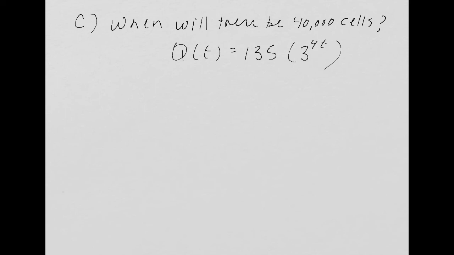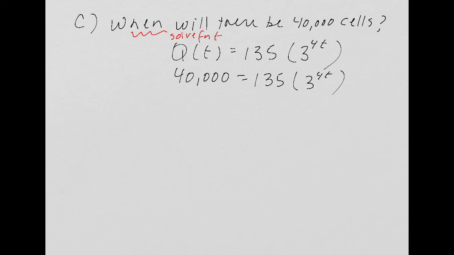And because I'm seeing this when question, let me just underline it, this is secretly telling me solve for t. Okay, so when will there be this many cells? What I'm going to do is replace Q of t with how many cells we're talking about. So that's the 40,000. And then my job is to solve for the t.